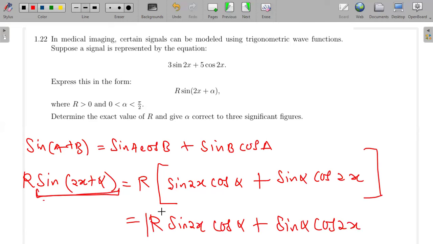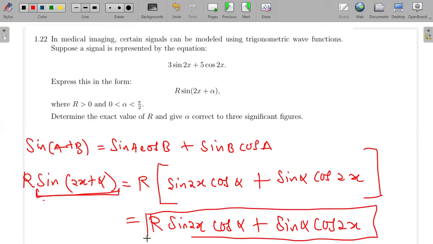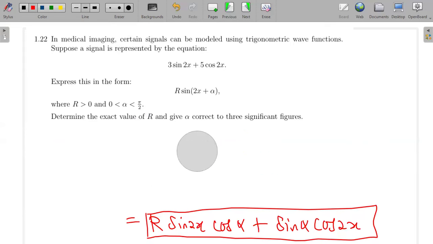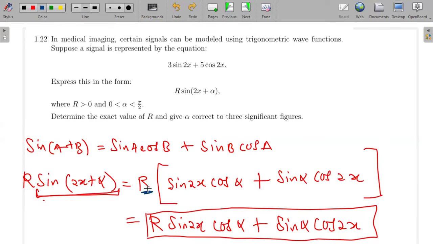So I've expanded this and I'll get this expression here, and equate it to what we've been given in the equation. What we're going to have is the following. Here I forgot to multiply the r, because this r was outside the bracket, so it multiplies here and it also multiplies there. So here I should put the r like that.